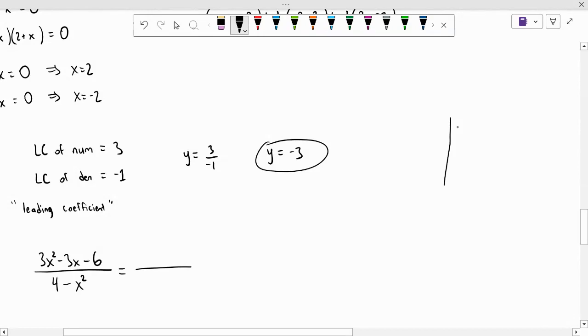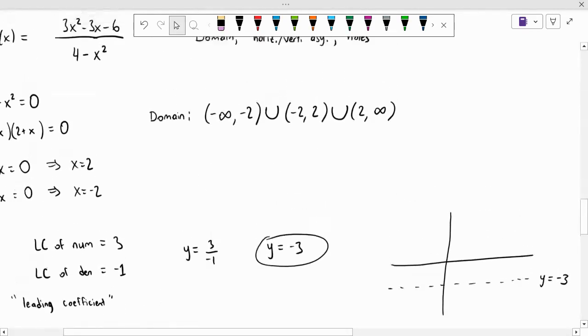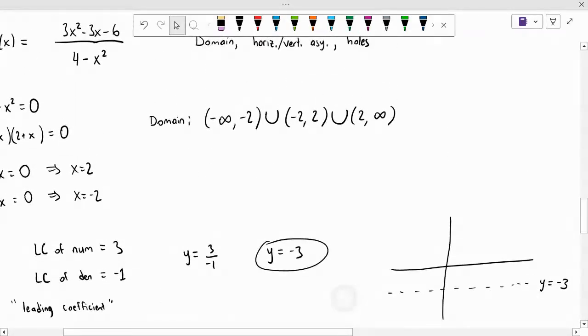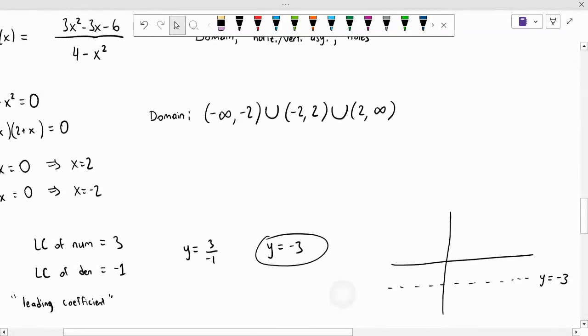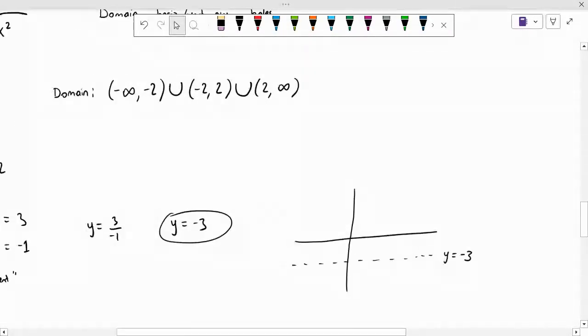A horizontal asymptote at y equals -3 means your function will be doing something like this. Here I'm going to draw the line y equals -3, so it would be maybe somewhere down here. And this function, I think, is going to do something like this.